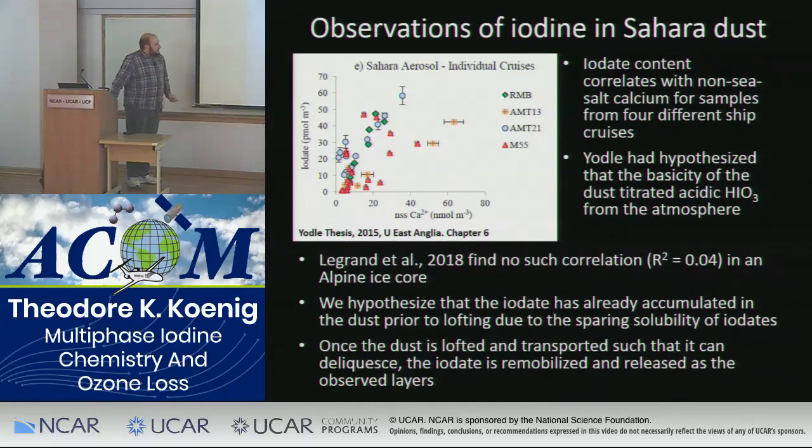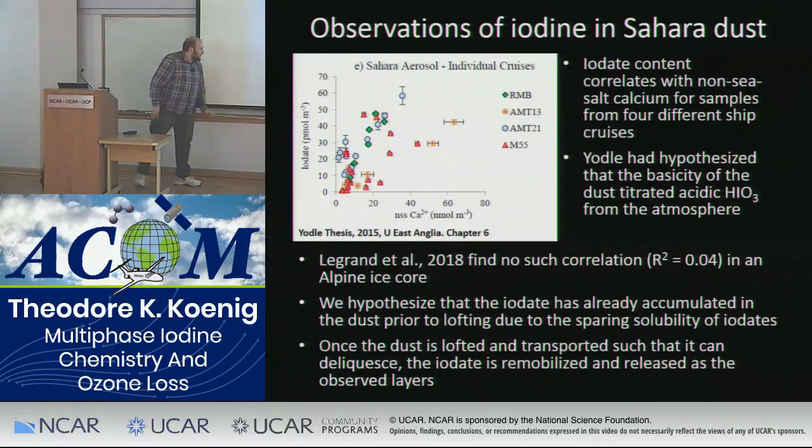And they had hypothesized that the calcium was an indicator of basicity, and that they were just slowly titrating iodic acid out of the atmosphere. So that what's happening here is that the dust comes out with calcium carbonate or some other base, and then it accumulates iodic acid as it's on its path through the atmosphere until they intercept it on the ship.